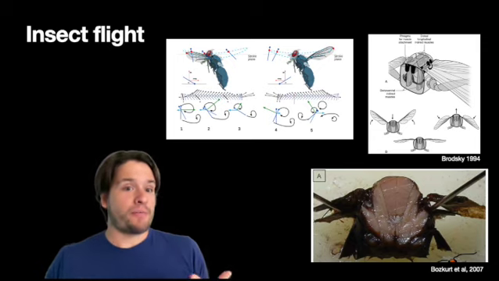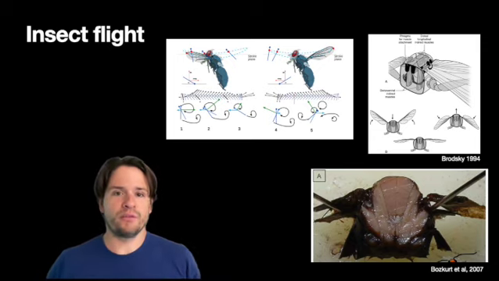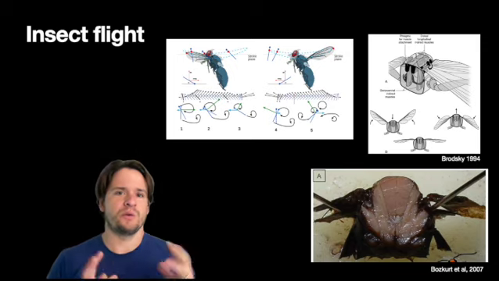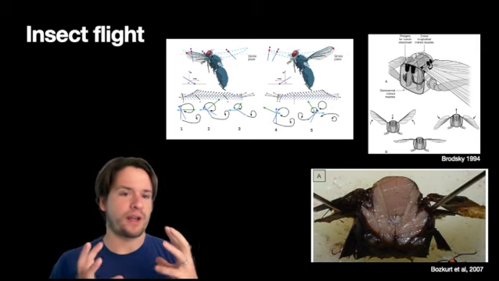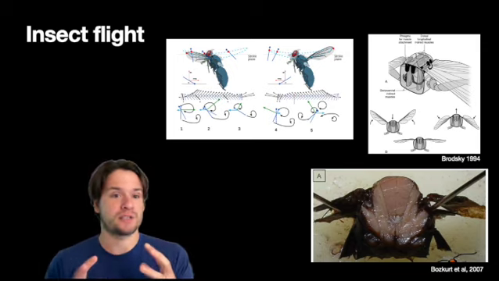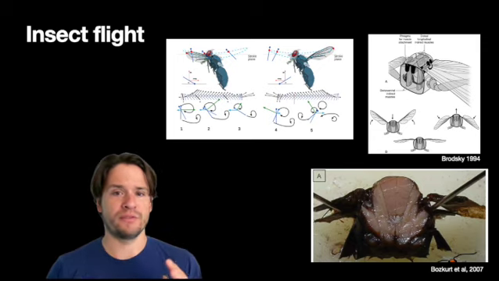The architecture of the flight apparatus has also been honed over evolutionary time. Most of the thorax for flying insects, the entire thorax, is usually almost entirely made of flight muscle.